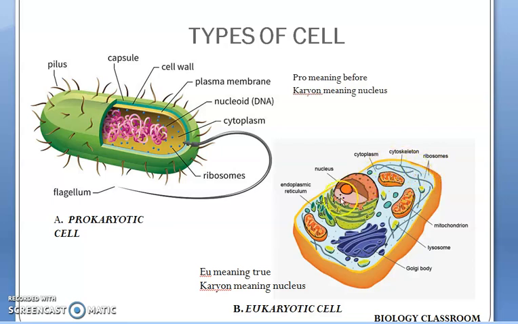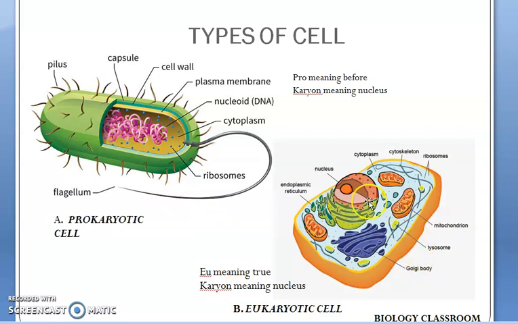All these structures are present in these eukaryotic cells, and these are well developed and advanced cells as compared to prokaryotic cells, right? So you have to learn the features of both prokaryotic cells and eukaryotic cells, also try to make a difference between both of these and write all these down in your notebooks, right?